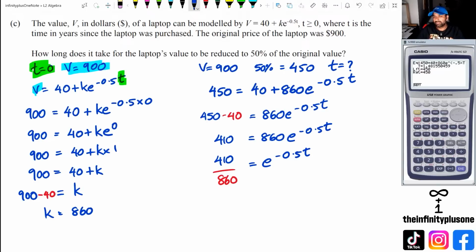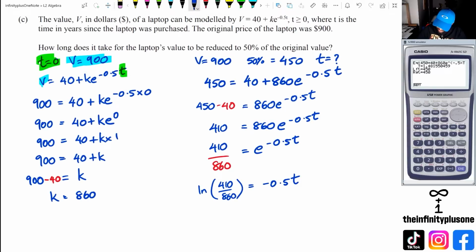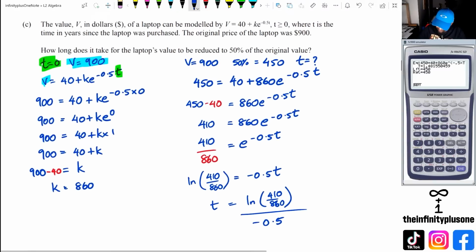Now here comes the ln part. You're basically taking logs on both sides, but instead of logs you have to use ln, and that's the only difference for this question. So ln of 410 over 860 is equal to negative 0.5t. Then t is equal to ln of 410 divided by 860, and the whole thing divided by negative 0.5.